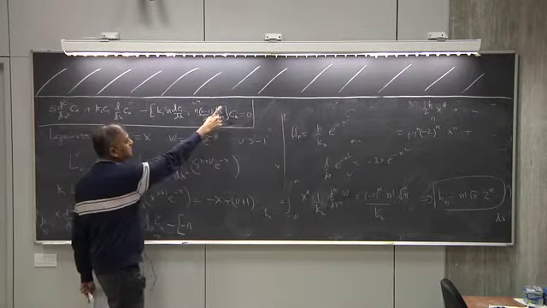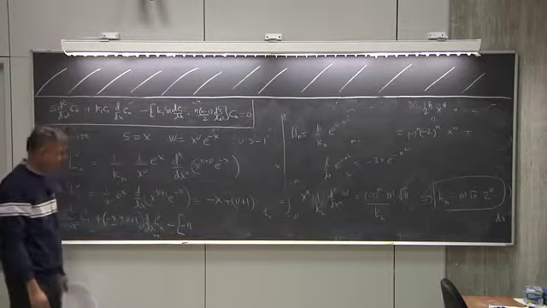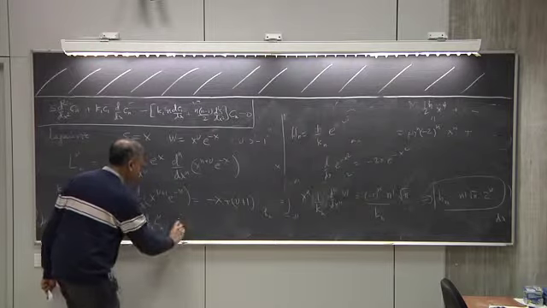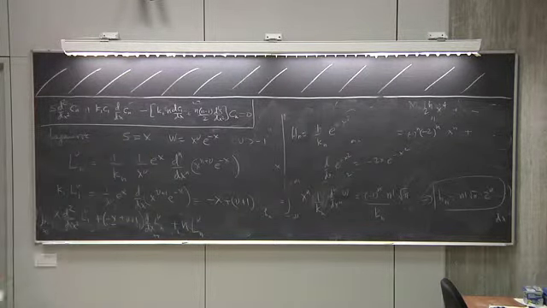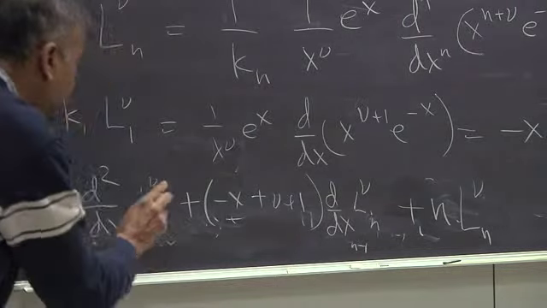And this term is again 0 because s is linear, so no second derivative. Okay. So minus minus plus n actually, plus n times ln. So this is the equation satisfied by, sorry, this is ln, Legendre polynomials.